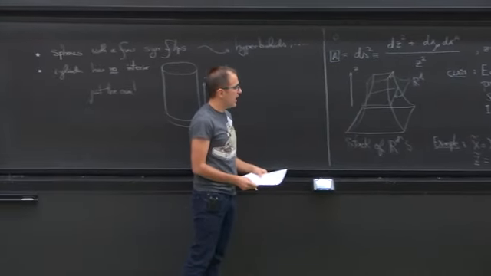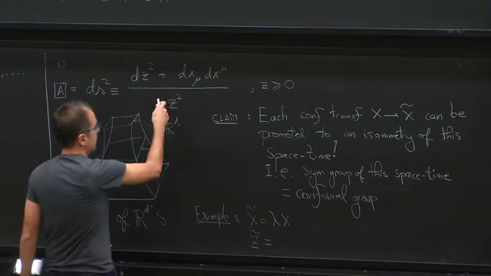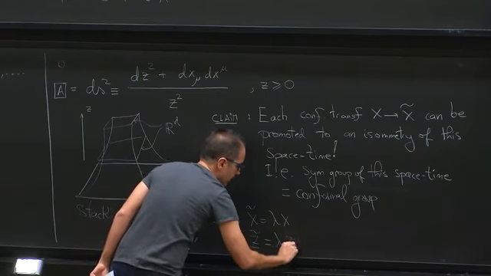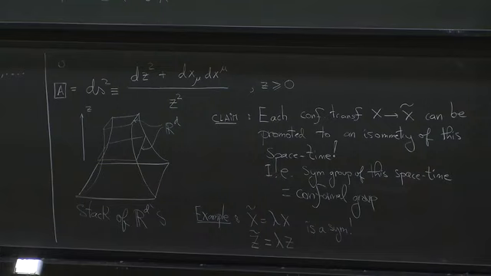I change x into lambda x. What should I change z into so that this metric is invariant? Lambda z, right? If I rescale everything by lambda, lambda z is a symmetry. So x to lambda x was not, but if I compensate it by z goes to lambda z, now it's a symmetry.